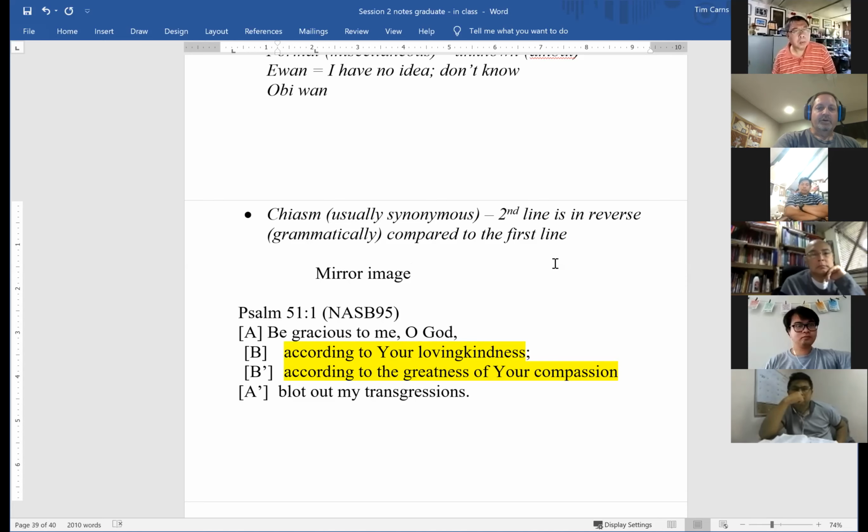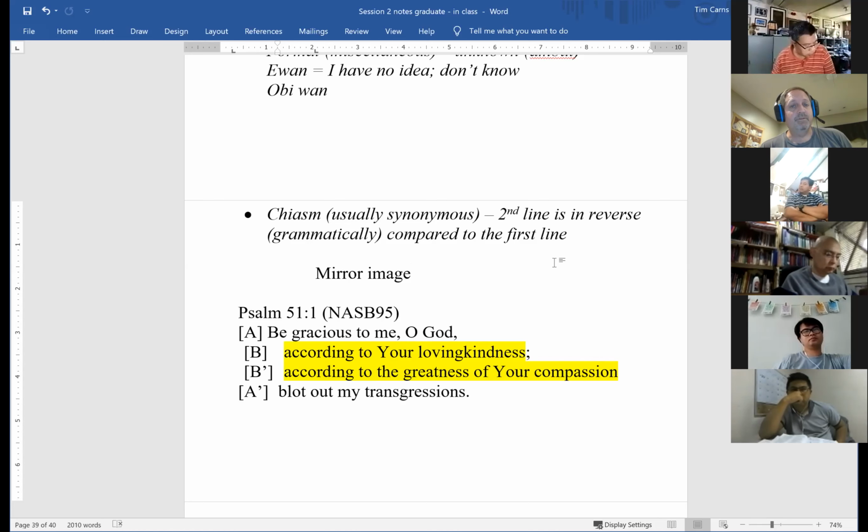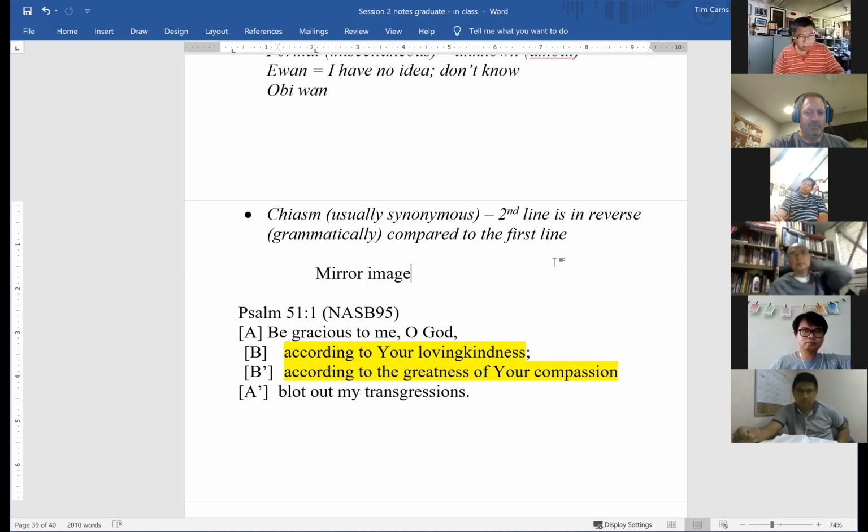Okay, so those are the types of parallelism. Next week, Lord willing, when we gather, we'll look at some examples of these, and then we'll go through Psalm 99. What I would ask you men to do during the week is just identify on your own the parallelism in Psalm 99. See if you can do that. How we do that is there's 2 steps.